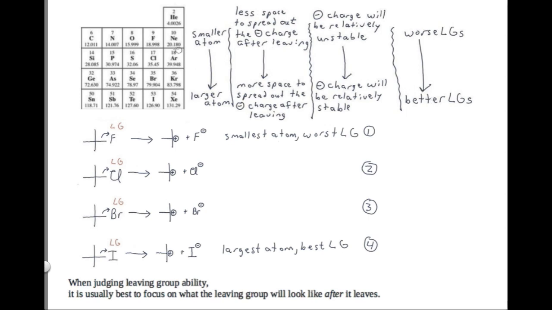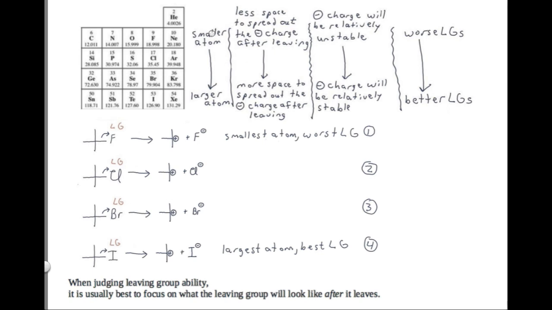And here's the reason. The atoms get larger. A larger atom has more space to spread out its negative formal charge after it leaves. That means the negative charge will be relatively more stable, and that makes it easier for a larger atom to leave in the first place. That's why larger atoms are better leaving groups.